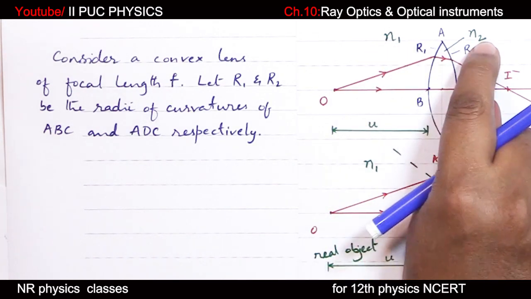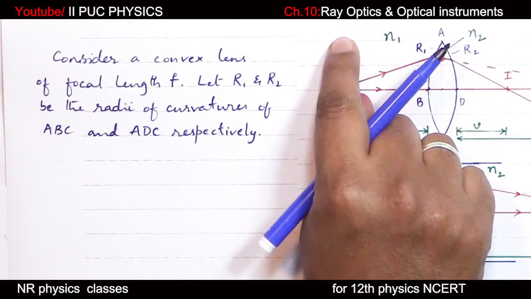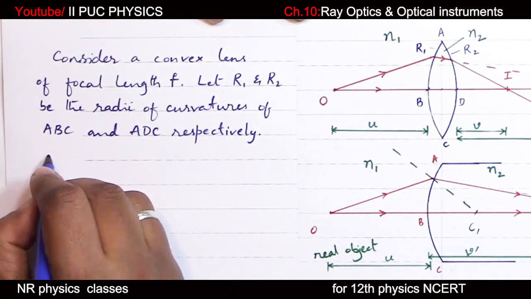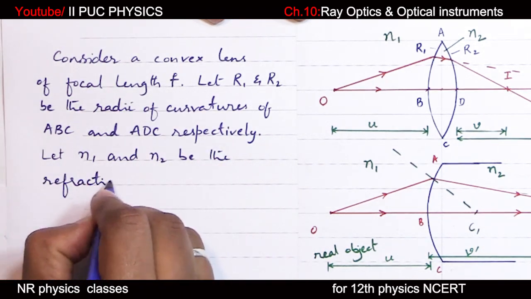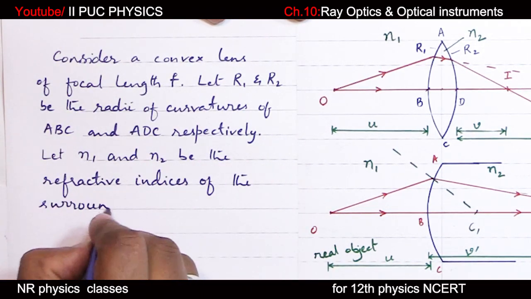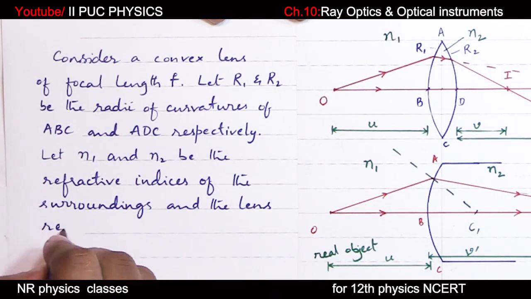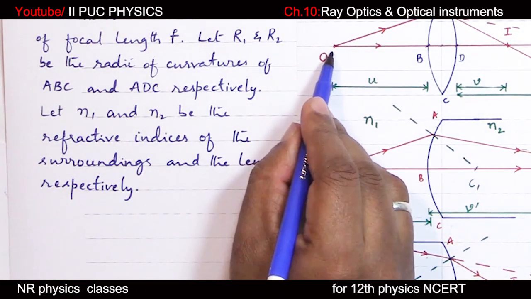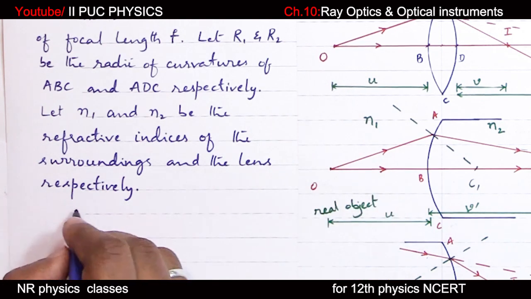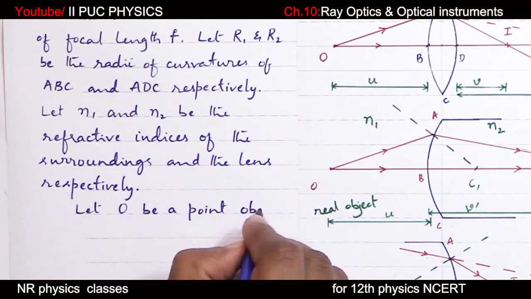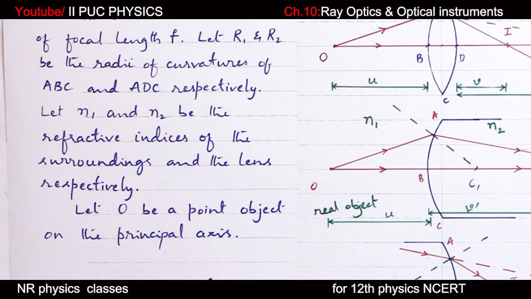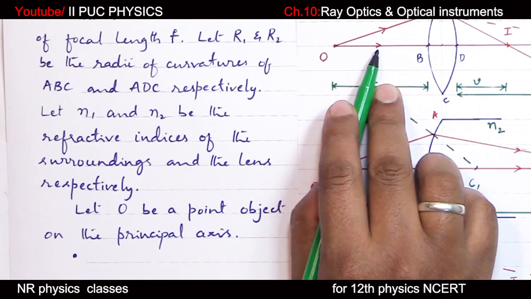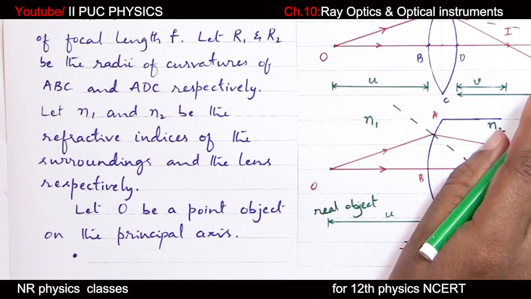Let N1 and N2 be the refractive indices of the surrounding medium and the lens respectively. Let O be a point object on the principal axis. A ray from O along the principal axis passes undeviated.